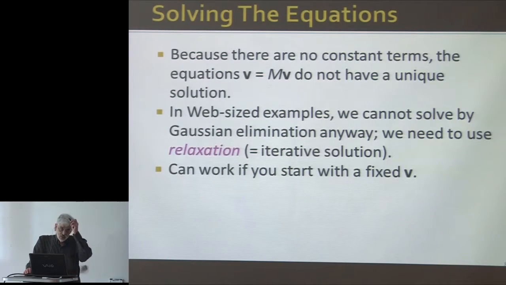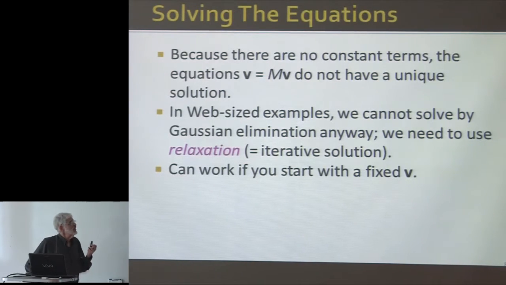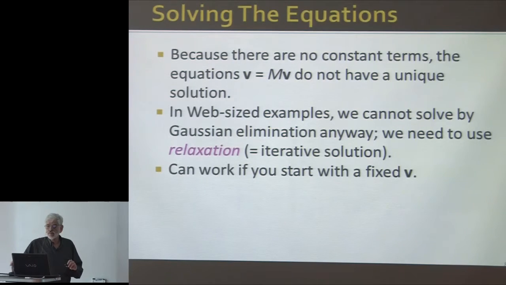Now again, the limiting value of V will be the vector V that satisfies the equation up there that says V equals MV. Well, the trouble is there are no constants in this equation, and therefore there isn't a unique solution. If V is a solution, then 10 times V will also be a solution.